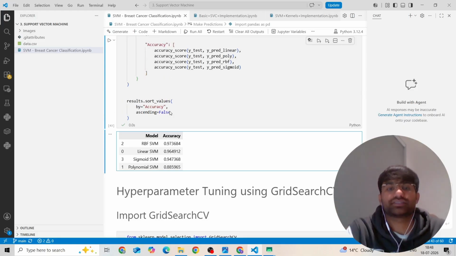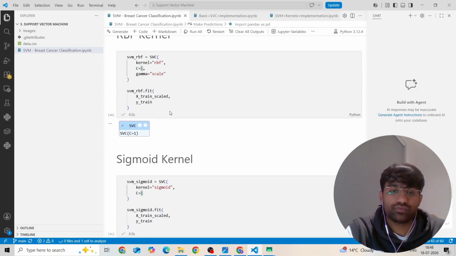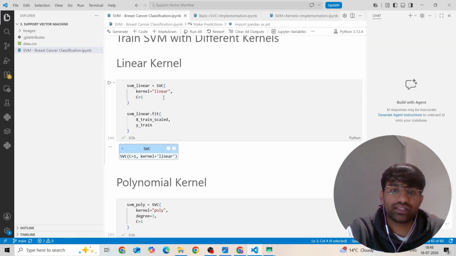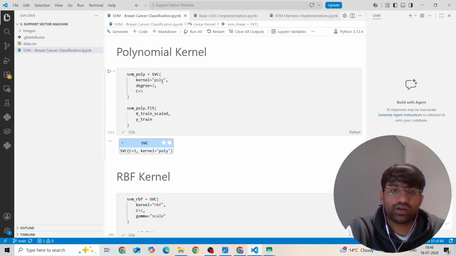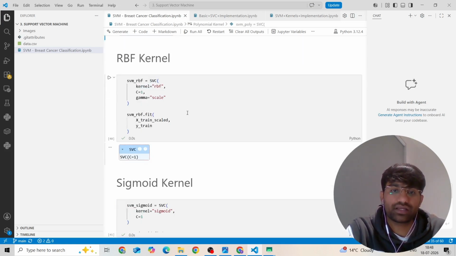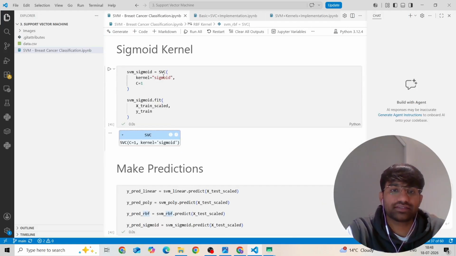So this is what I got by training the model with different kernels. Kernel equal to linear, kernel equal to poly, that is the polynomial kernel, kernel equal to RBF, and the sigmoid kernel.